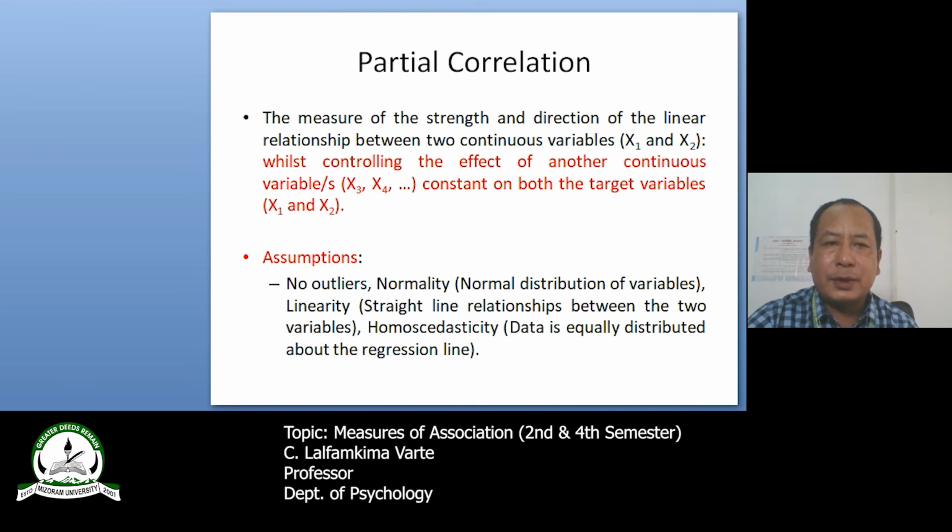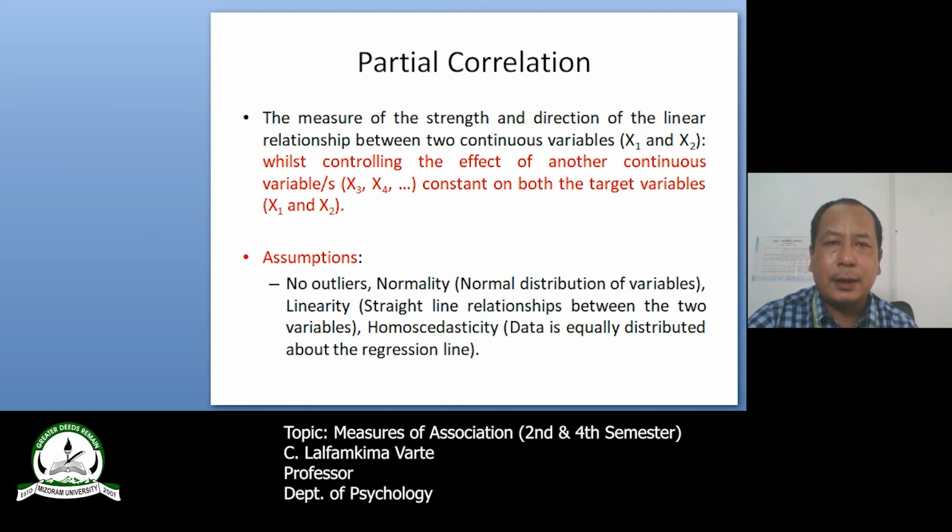That is possible with the part correlation, and in partial correlation, in the relationship between any two variables x1 and x2, we can have the control of the third variable or variables x3, x4 and so on held constant for both the target variables.